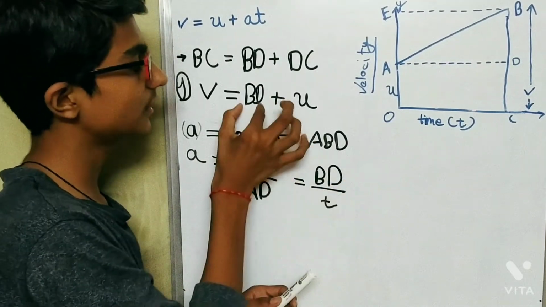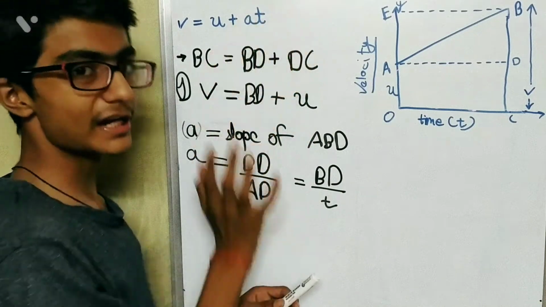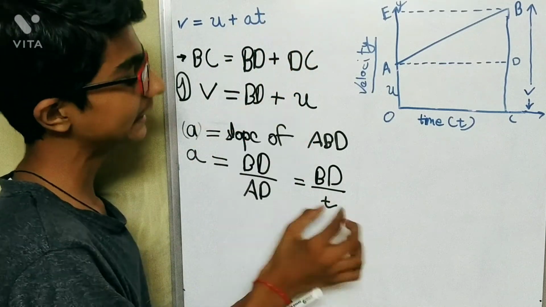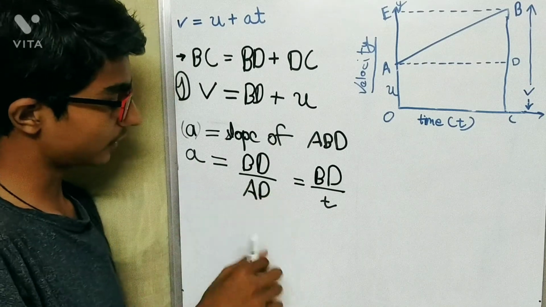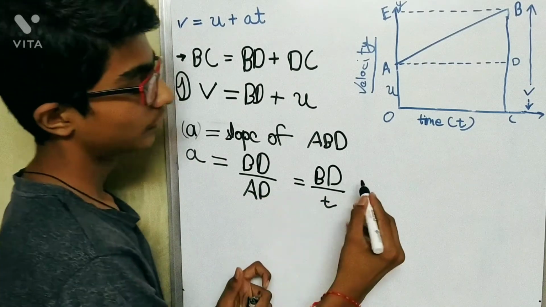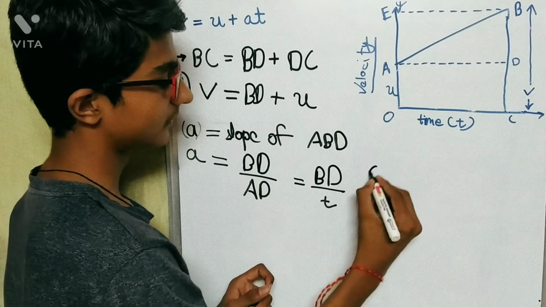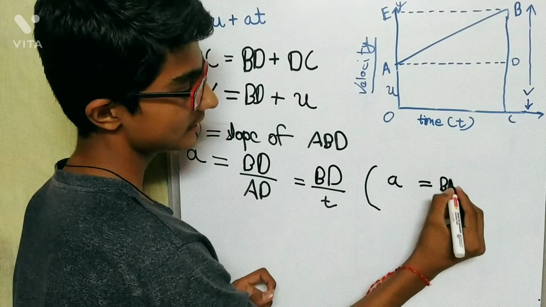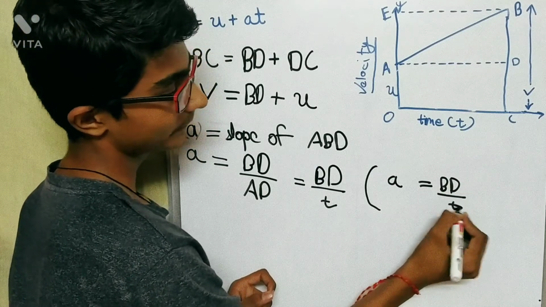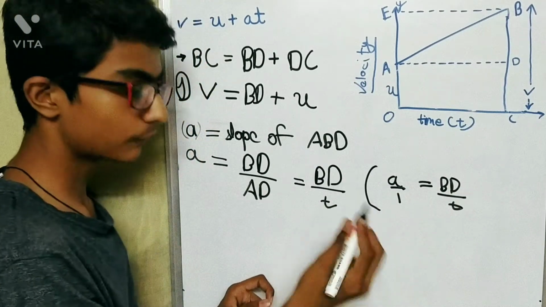Here BD is there, and t is here. But now what will we do? We will do cross multiplication. See, a is equal to BD upon t, and here nothing is there, so 1.